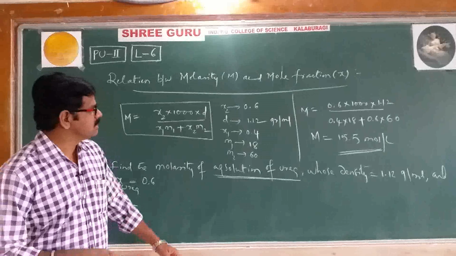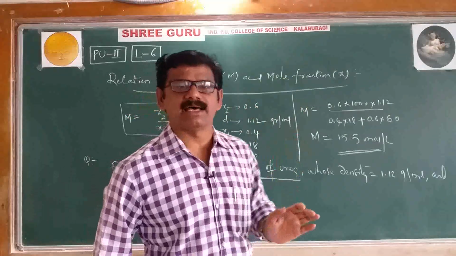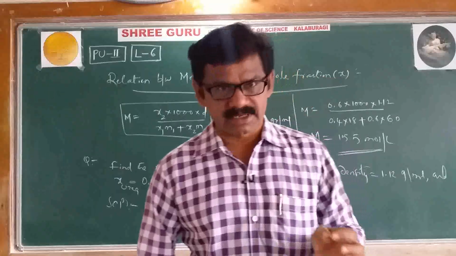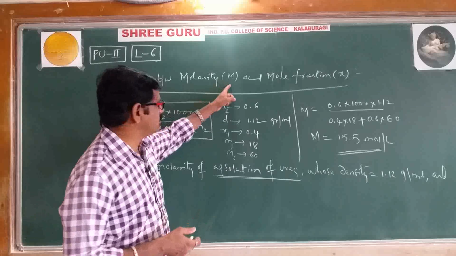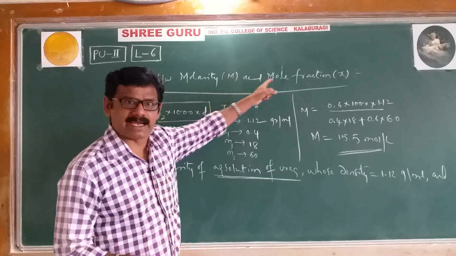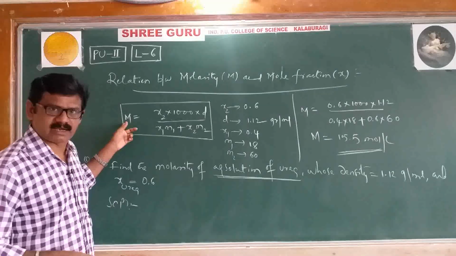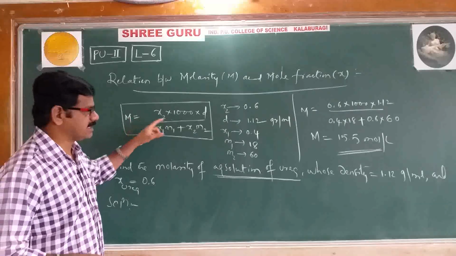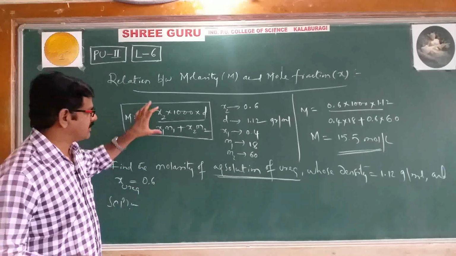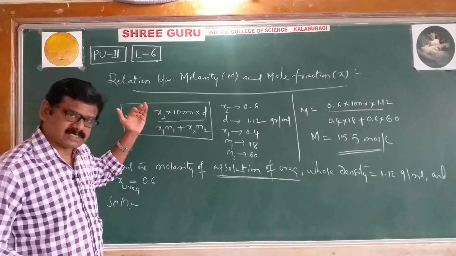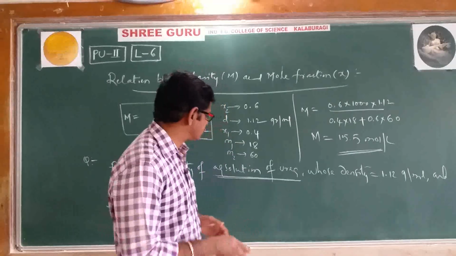That's it. This is the advantage of the relation: one value is given, the other value we can calculate with the help of a relation. Okay, this is the relation between molarity and mole fraction. You have to remember this formula. Its derivation is also there. That derivation we will see in our regular class, right?